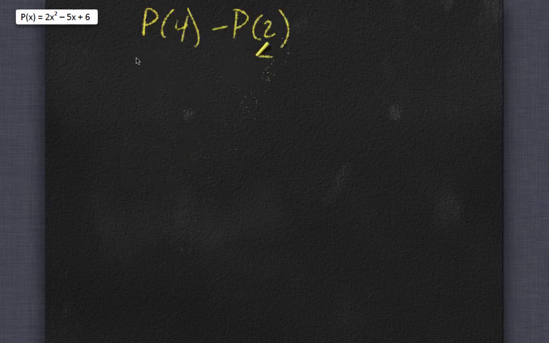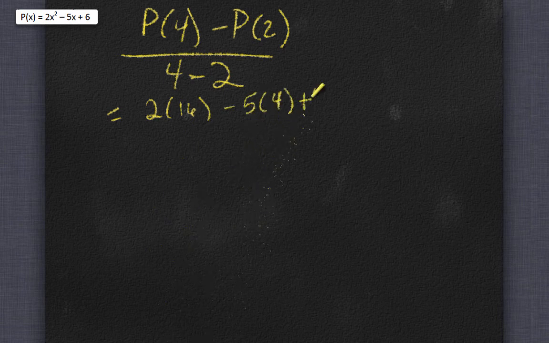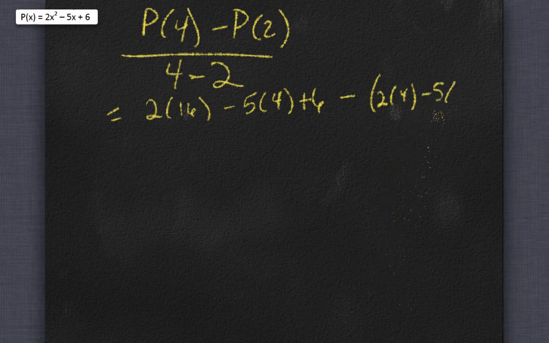Okay? So the first question, what's the average rate of change? So we want profit at 4 minus profit at 2 divided by 4 minus 2. There are 2 items there. So I plug in 4, and I get 2 times 16 minus 5 times 4 plus 6 minus 2 times 4 minus 5 times 2 plus 6.